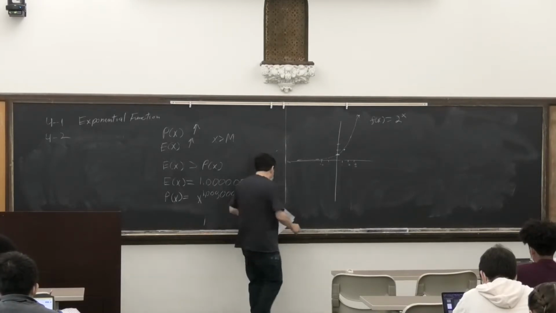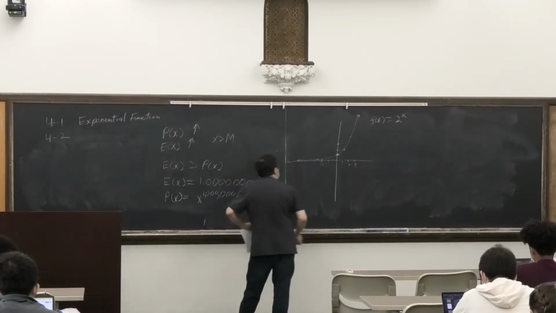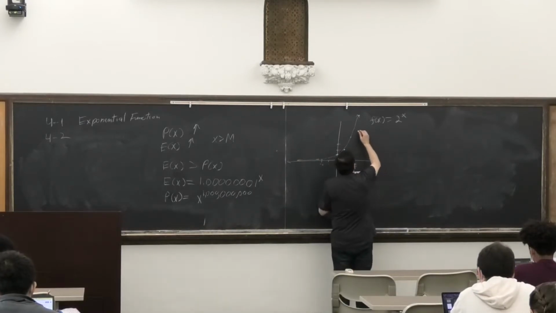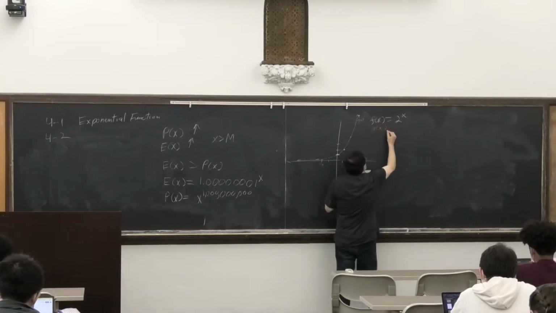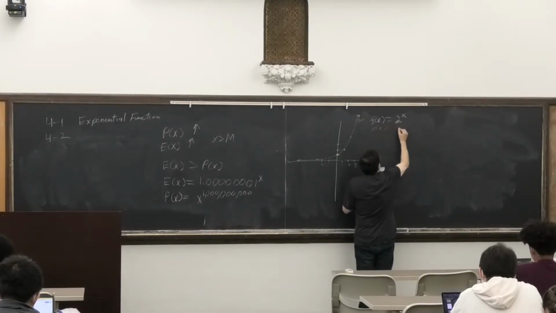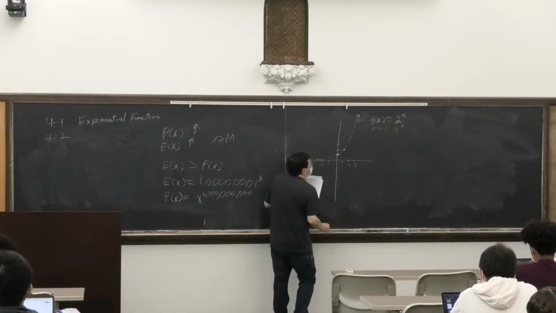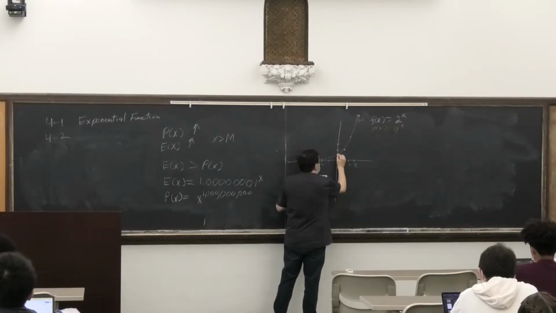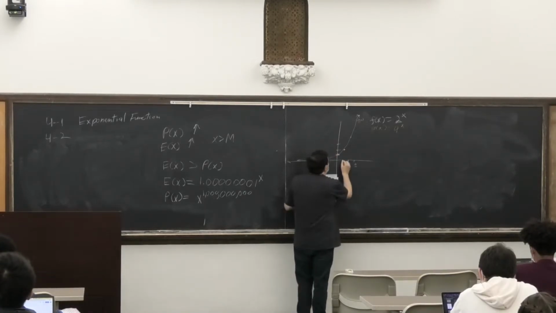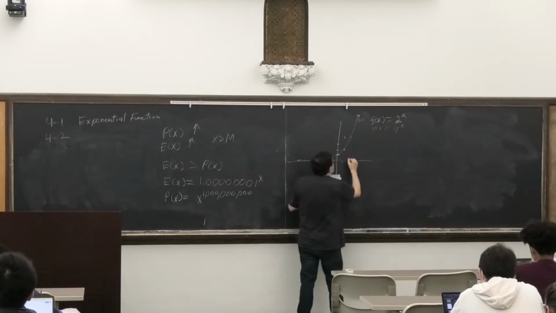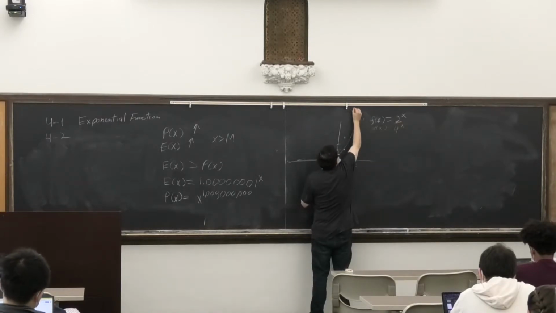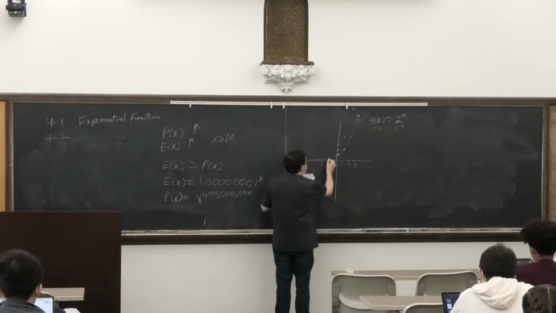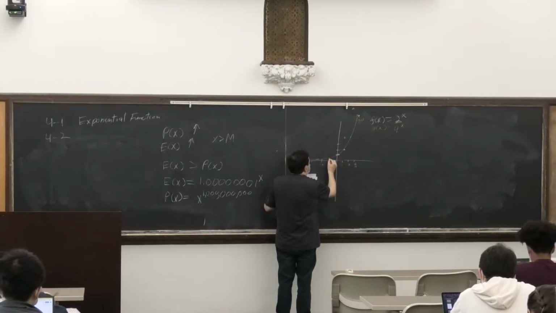Now let's compare that with a slightly different function. What if we just change what we call the base? Okay. Still goes through the y-axis at the same place. 1 is now 4. 2 is now 16. Negative 1 is now a quarter.